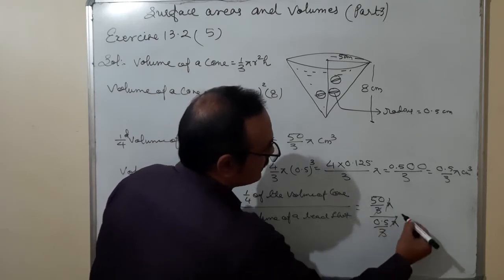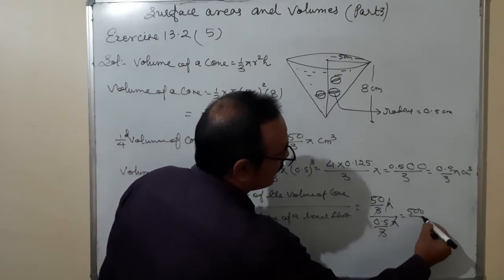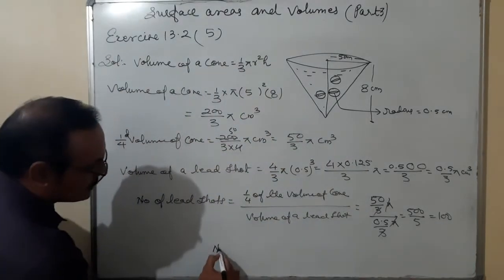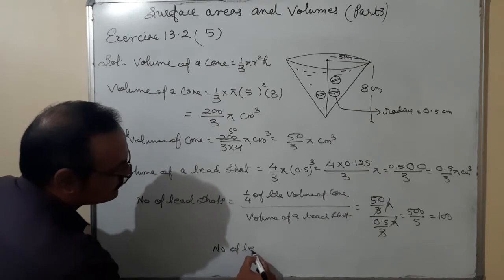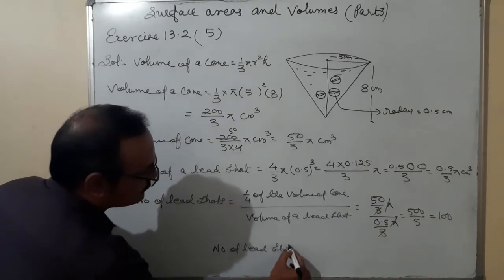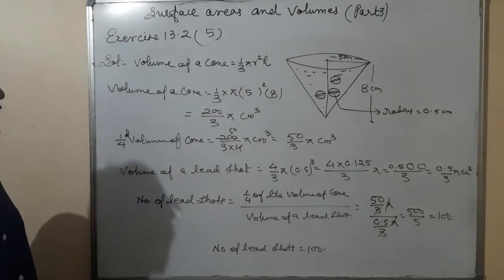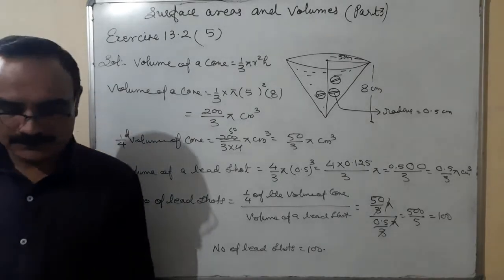Pi cancels, 3 3 cancel, it is 500/5, that means 100. So the number of lead shots is equal to 100. So that is question number 5.